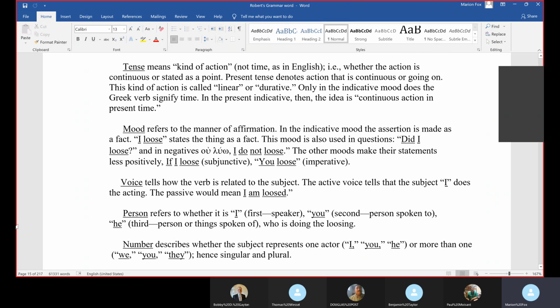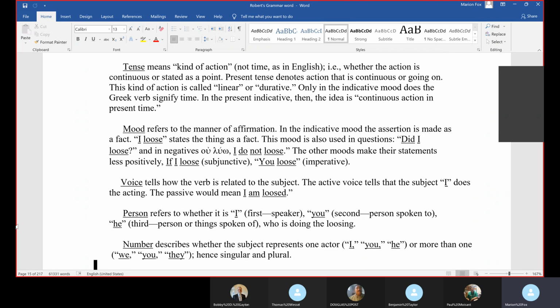Now, present tense is an action that is ongoing. It's continuous action. And the action is continuous or stated as a point. And so it will be stated, in this case, as continuous. Present tense denotes action as continuous and ongoing. Any questions?